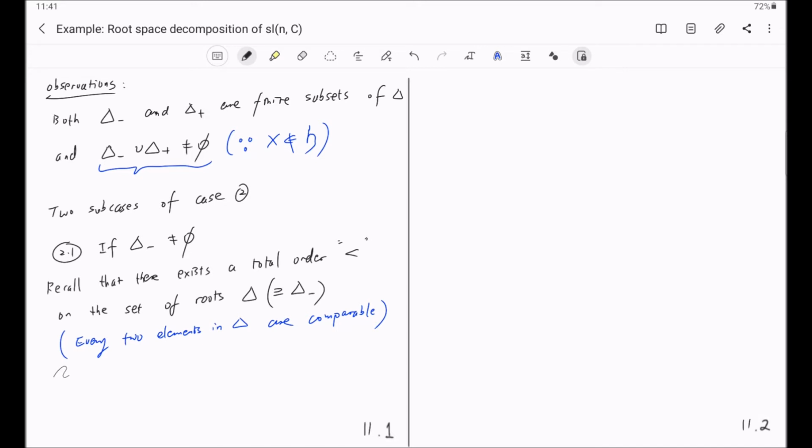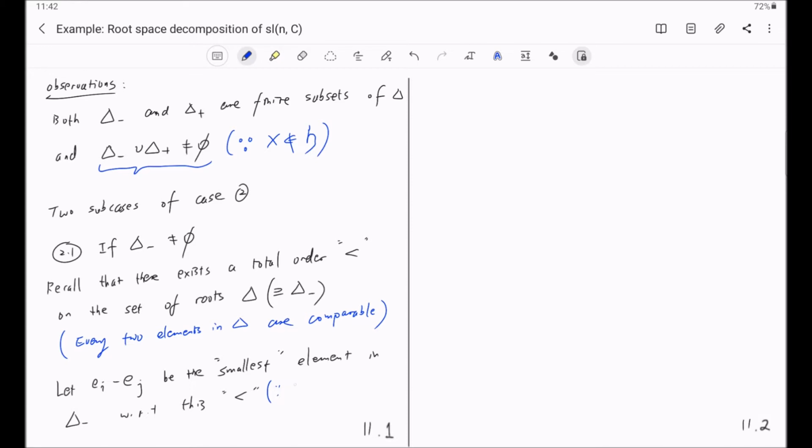Now, because this delta negative is non-empty, let E sub i minus E sub j be the smallest element in delta negative with respect to this less than relation, this total order.